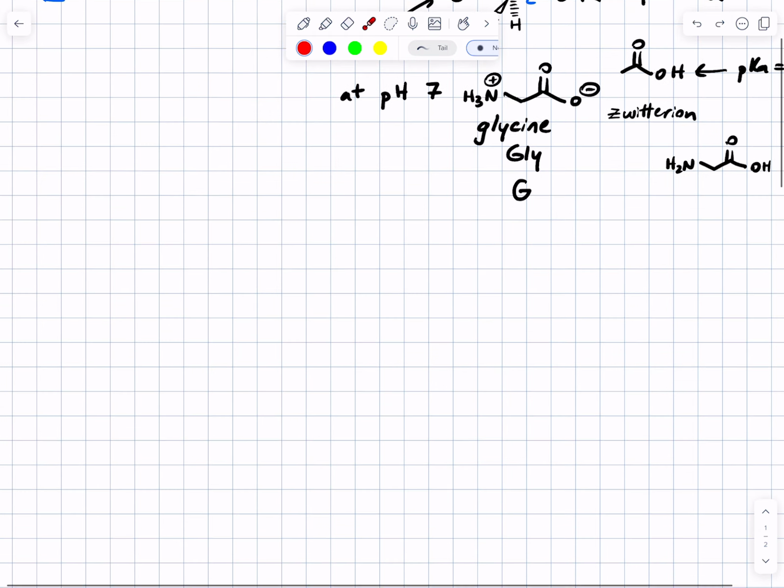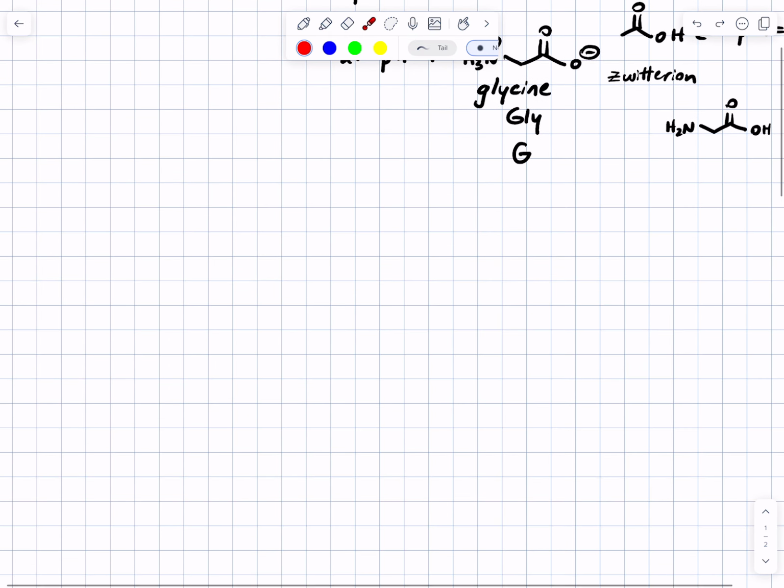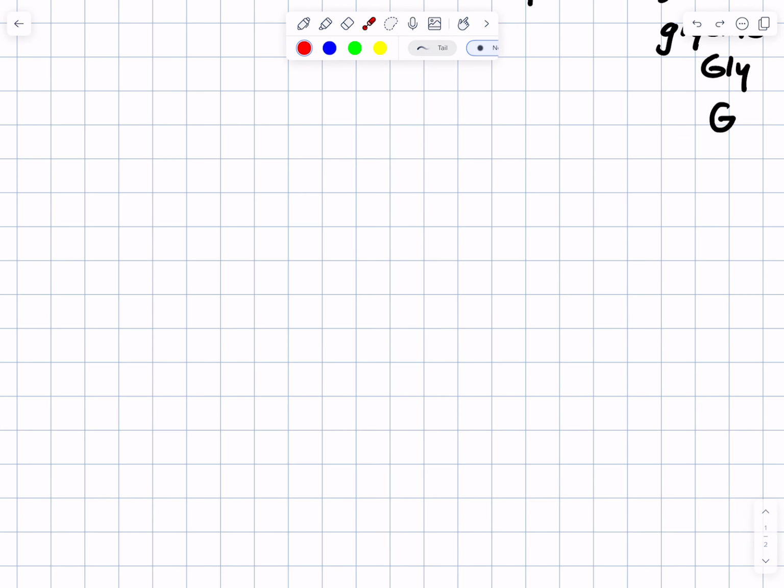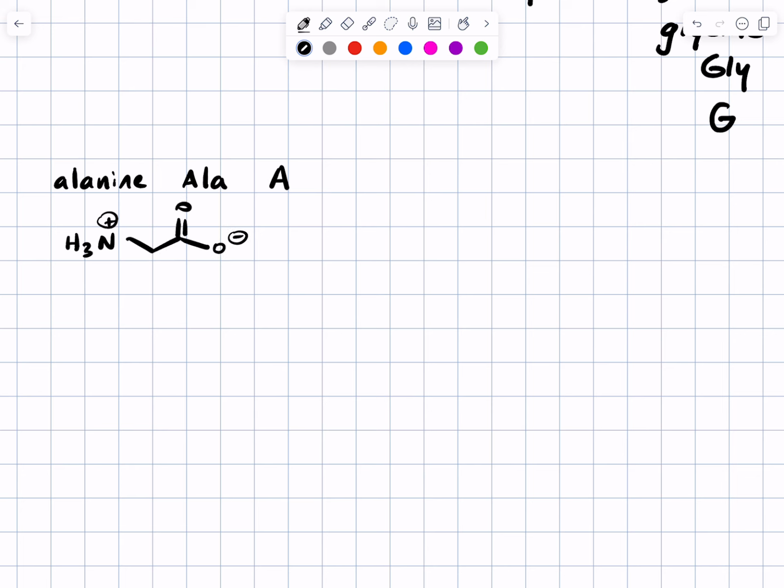Okay, so let's introduce the team to you. The first one is called alanine. This is maybe the simplest one. Its 3-letter code is ALA, and its 1-letter code is A. All of the amino acids are going to have the same, what I will call backbone.